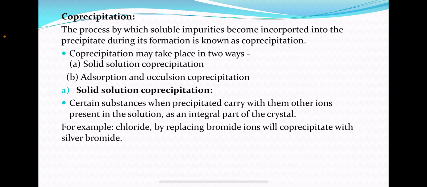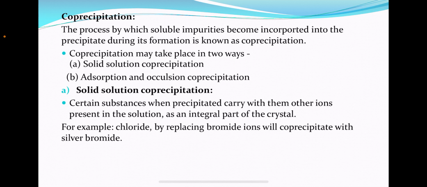While doing the purification, that means when we wash the precipitate which has been formed, it is very difficult for us to remove that, since it has been contaminated in the solution along with the precipitate. Due to that reason, it cannot be removed by washing. Such substances are called coprecipitated substances.